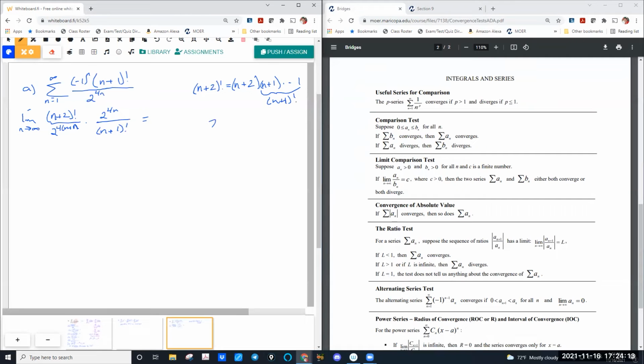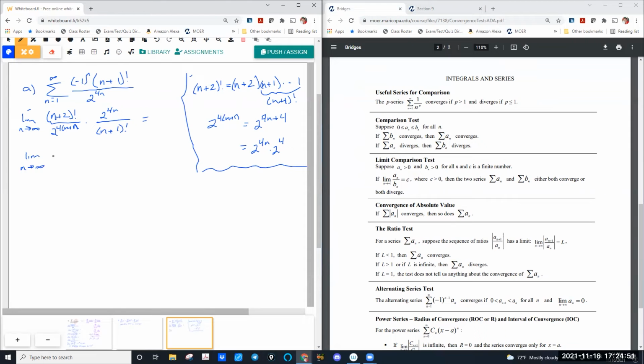Now, the other thing that's going to happen is we have 2 to the 4 times n plus 1, which is 2 to the 4n plus 4, which is the same as 2 to the 4n times 2 to the 4. And then 2 to the 4th is just 16. We can take care of that later. So those are going to be the two things that we're going to do in these steps. I just want to put them on the side here just to preserve what we're doing.